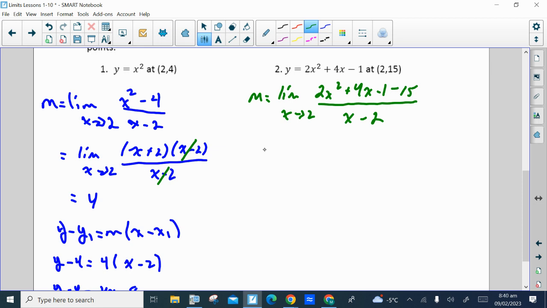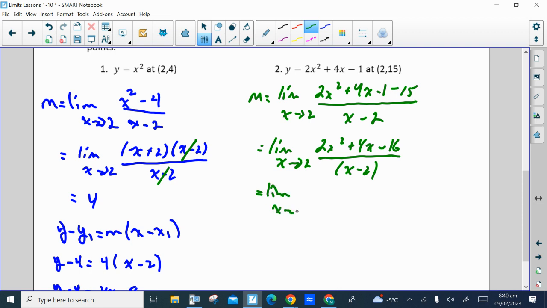So when you simplify the top, you're going to get 2x squared plus 4x minus 16. And then once again, 2 is a non-permissible value, so we need to do something to get rid of that x minus 2 on the bottom.